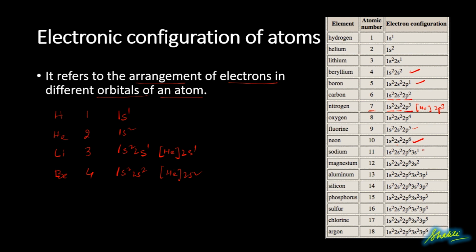We can write the electron configuration of sodium as neon 3s1. This is the configuration of neon. And after that magnesium, 12, 1s2 2s2 2p6 3s2. We can write it in short as neon 3s2. And then comes argon, 18, 1s2 2s2 2p6 3s2 3p6. This is the way we write the electronic configuration.